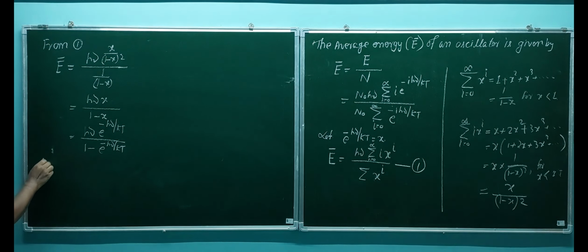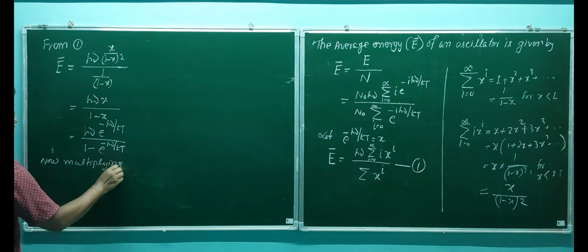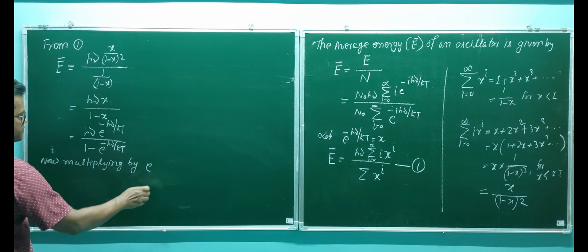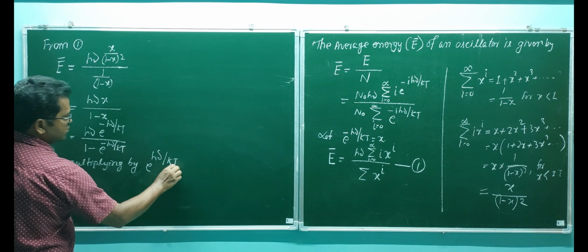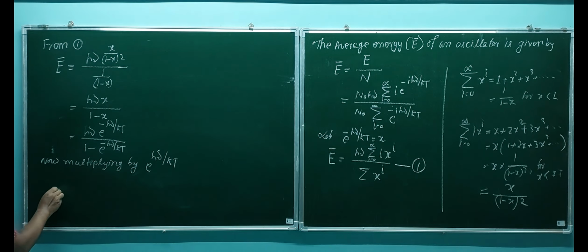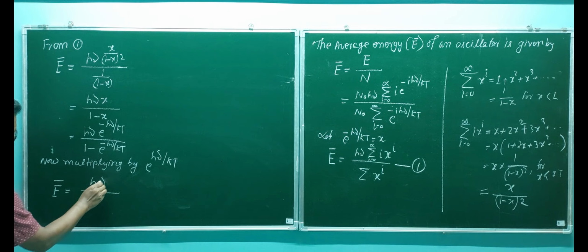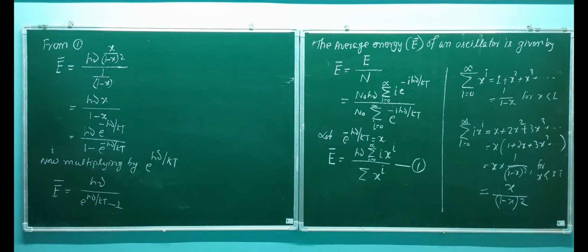Now multiplying by e to the power h nu by kt, we get E bar equal to h nu over e to the power h nu by kt minus 1.